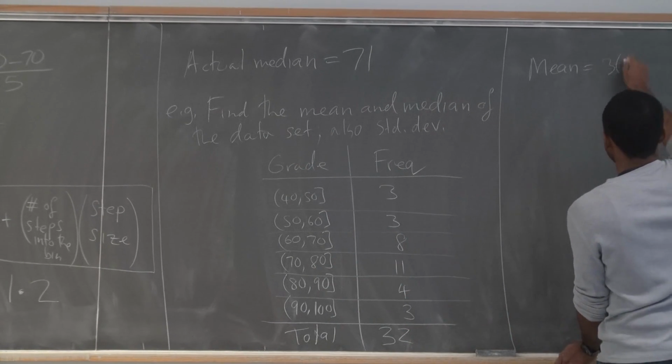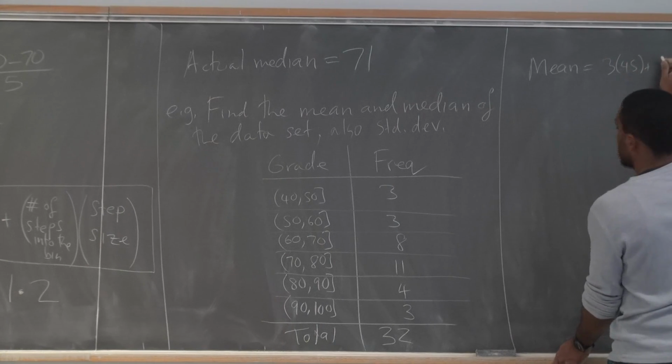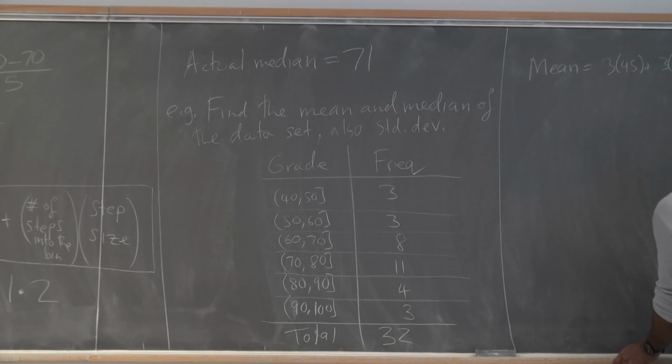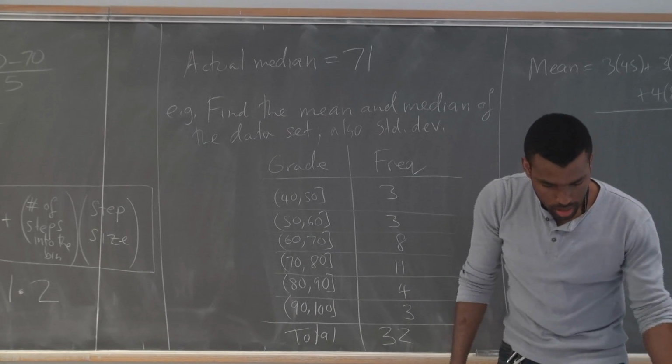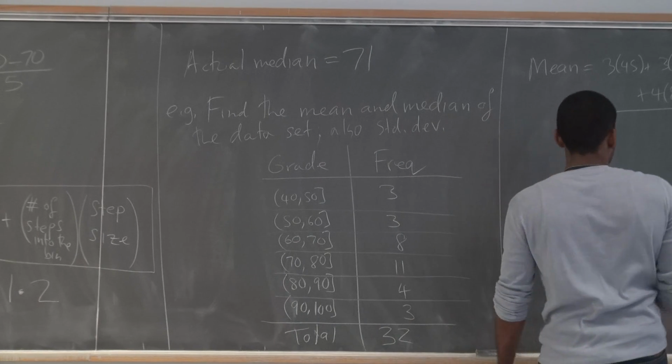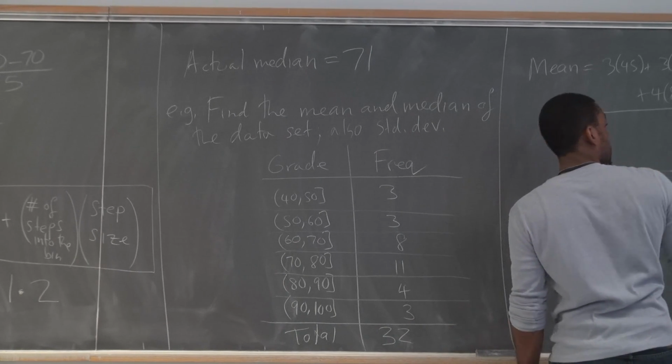So this is just going to be 3 times 45 plus 3 times 55 plus 8 times 65 plus 11 times 75 plus 4 times 85 plus 3 times 95, and all that over 32. Did I actually do this one? No, I didn't. So, when someone gets that, they can tell me.